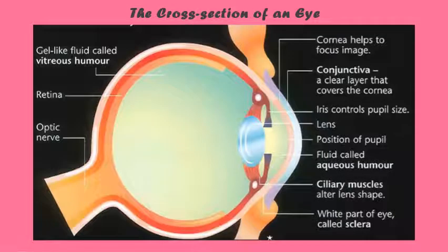Let's revise the cross section of an eye. Okay. So we learned that our eye has many parts, right? So in the back of our eye, which part takes it to our brain? Optic nerve. The optic nerve. That is the nerve that takes our information that we see all the way to the brain.